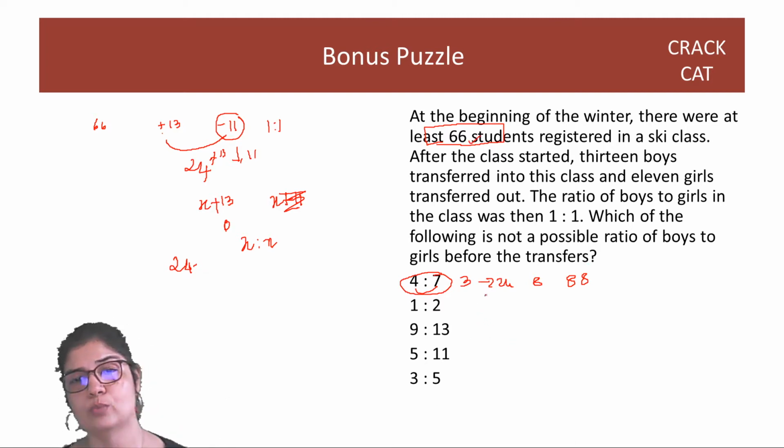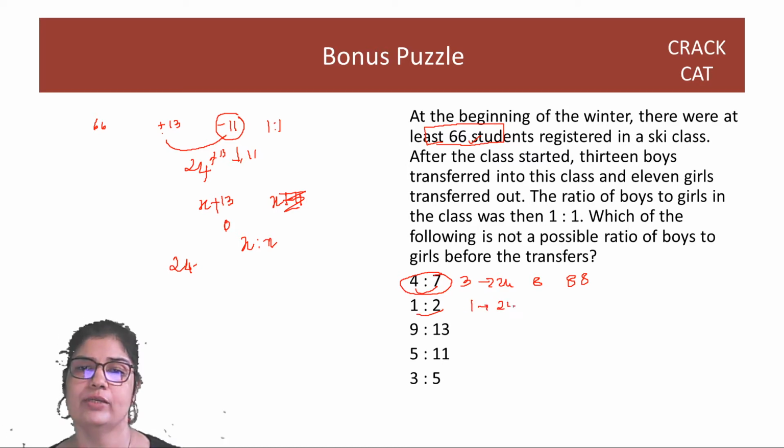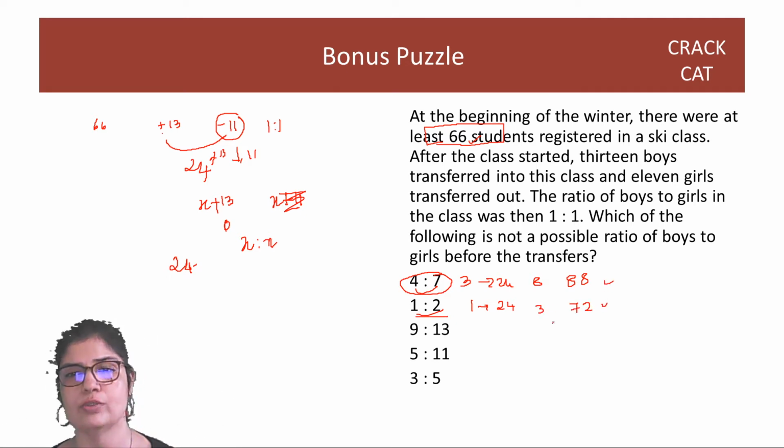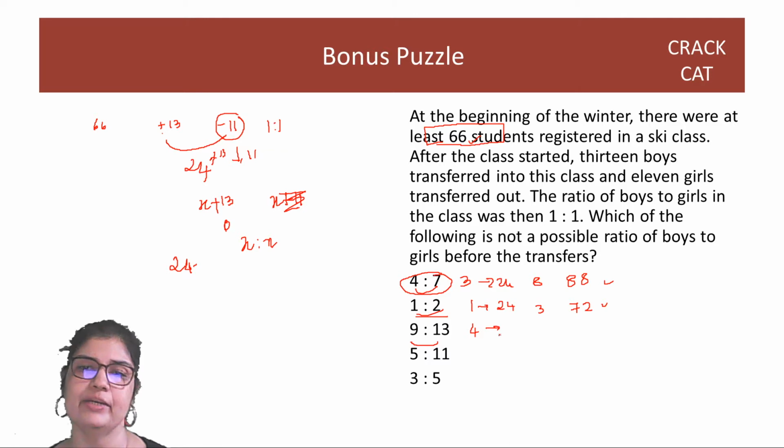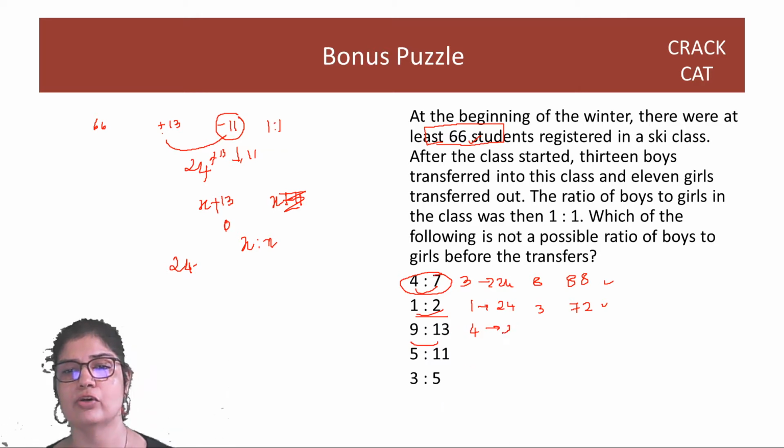In 1 and 2, the gap is of 1 unit. 1 unit corresponds to 24. Total is 3 units. 3 units correspond to 72. This also works. More than 66, more than 66. Here, the gap is 4. See, sometimes the gap itself will not divide 24, but here all gaps divide, okay? So, gap is 4. 4 corresponds to 24. Multiplier is 6.